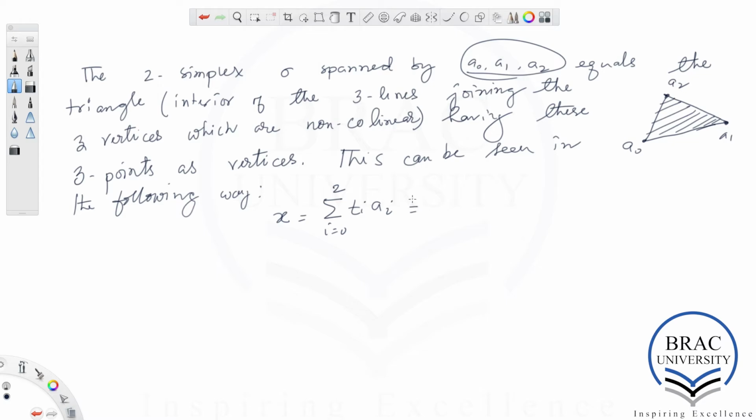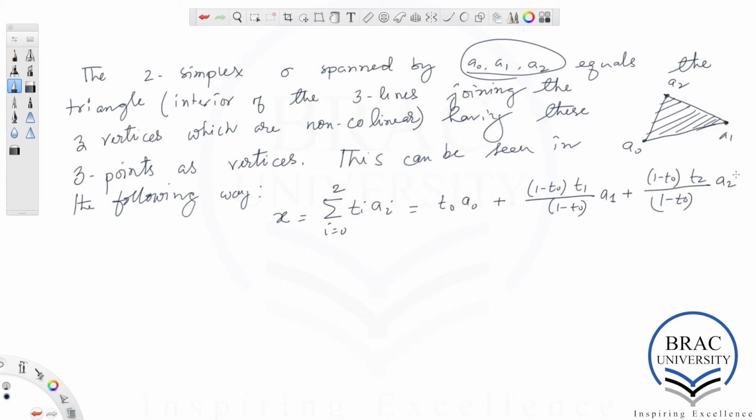So we can write it as t0 a0 plus 1 minus t0 times t1 over 1 minus t0, so that 1 minus t0 cancels against 1 minus t0 from the top and from the bottom, and we end up with t1 a1 plus again 1 minus t0 times t2 over 1 minus t0. Again 1 minus t0 cancels from the bottom and the top, and we are left with t2 a2.